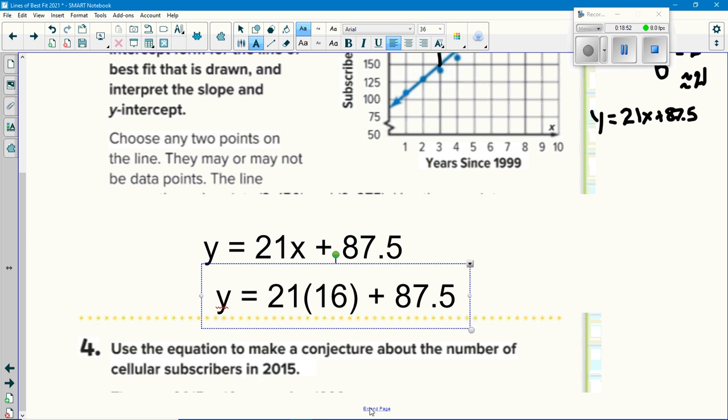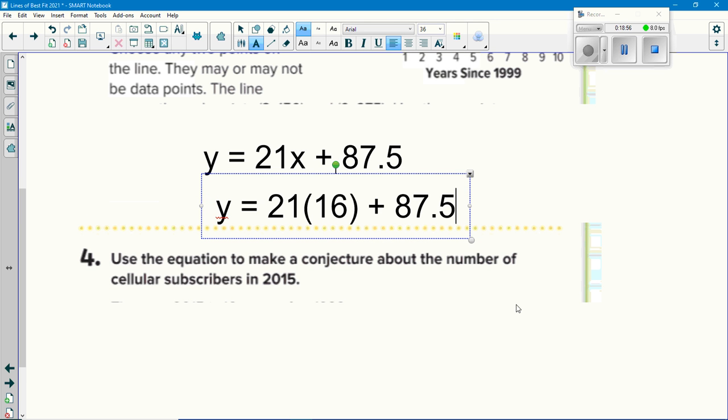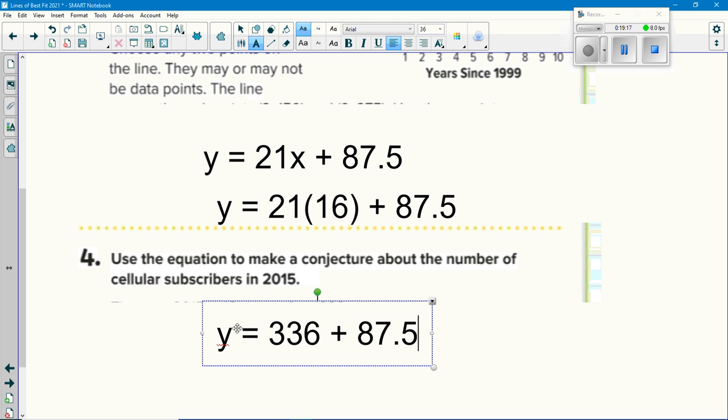If we do that, we come up with the following. We multiply that out: 21 times 16 is 336 million, plus 87.5.